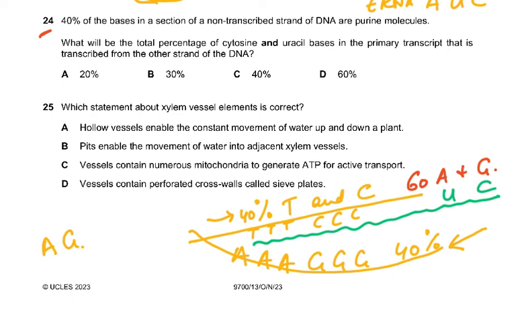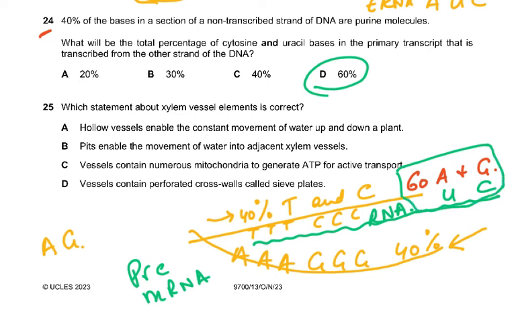So 60% were A and G, so 60% will be U and C in the RNA, because for every A, there's no T in the mRNA. This is the RNA. So primary transcript is the pre-mRNA. So now 60% A and G would mean 60% U and C.